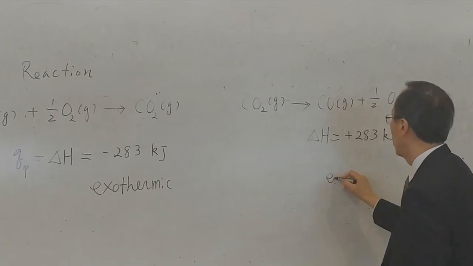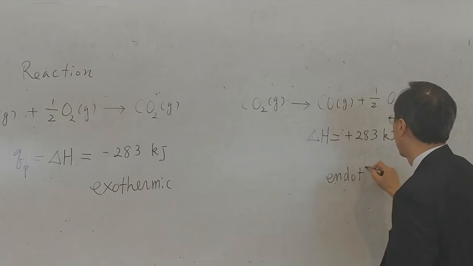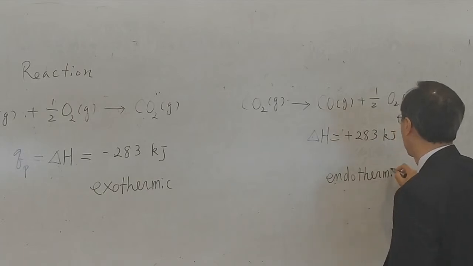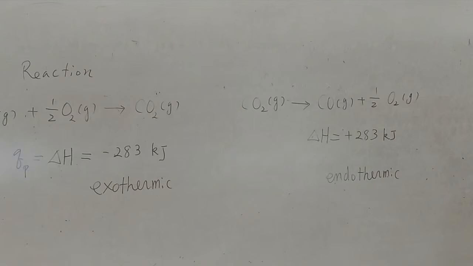So this we call endothermic. So to convert CO2 gas to CO and oxygen, we need 283 kilojoules of heat to convert CO2 to CO and oxygen.